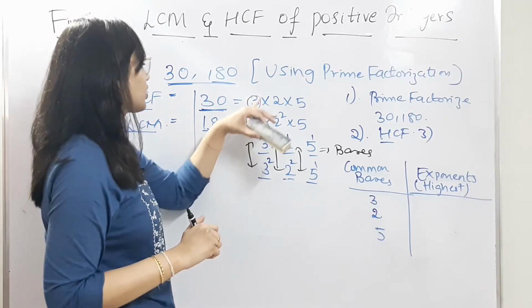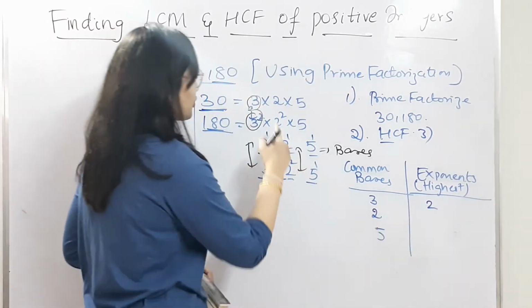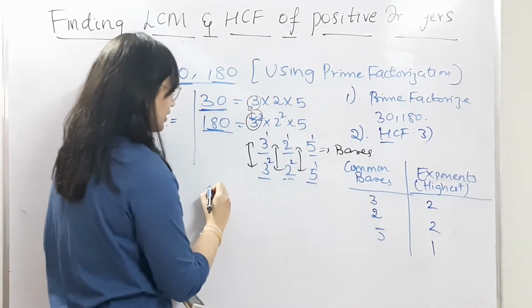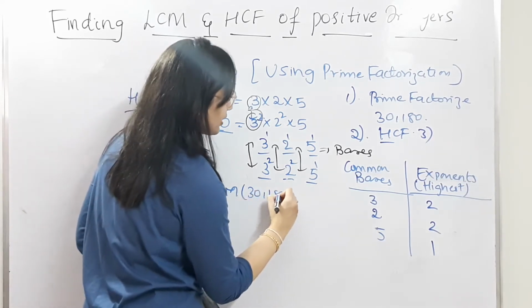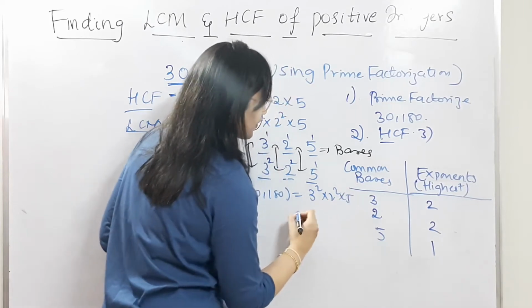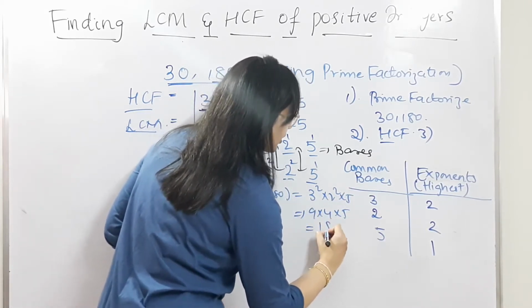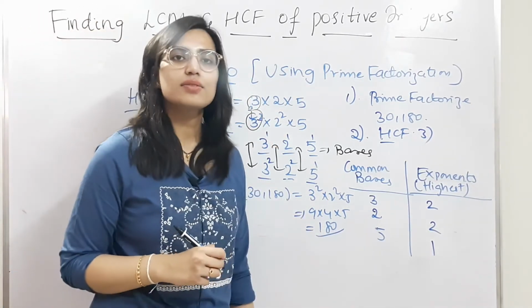In here, what is the greatest power of 3 and 3 square? It is 2. And for 2, it is also 2. And for 5, it is 1. So, in short, what is the LCM of 30 and 180? We get 3 square into 2 square into 5. That is nothing but 9 into 4 into 5. That is nothing but 180. So LCM of 30 and 180 is 180.